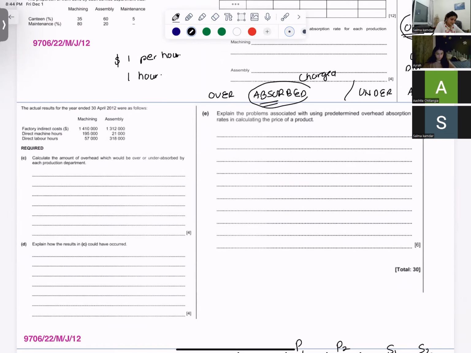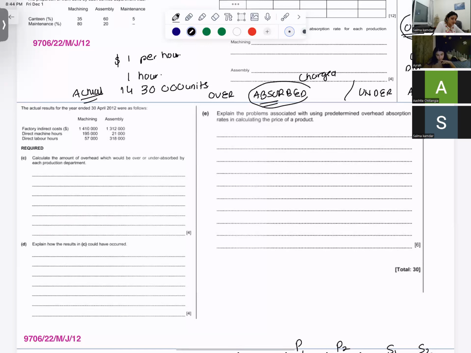Are you with me? And I have made, say, approximately 14 lakh 30,000 units.